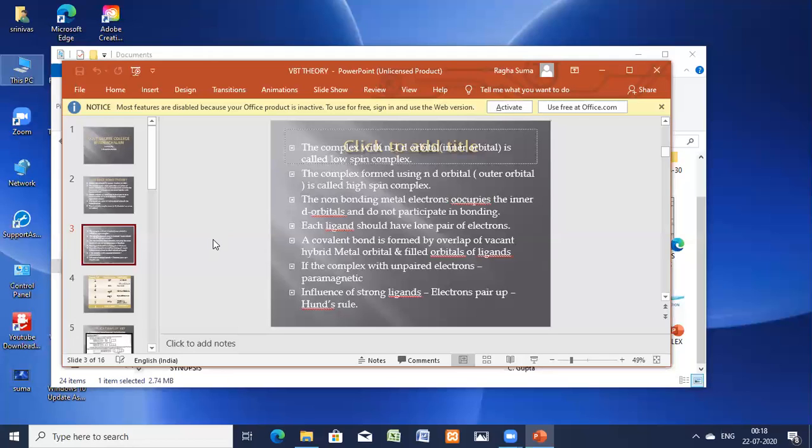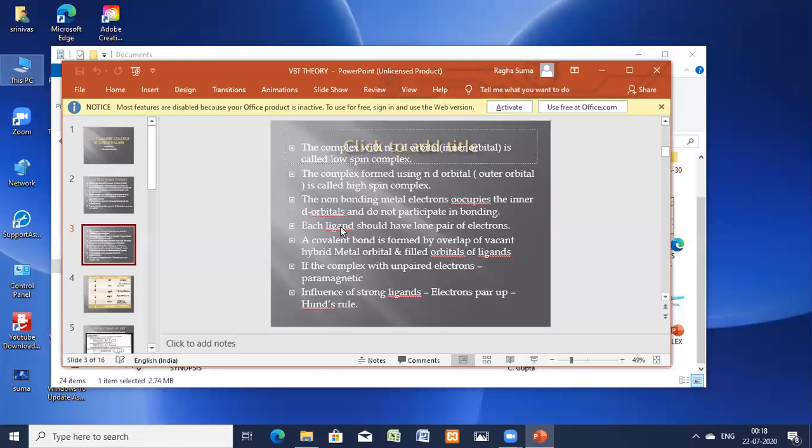In the previous class I explained the metal and the ligand. The ligand will give electrons to the metal, and a coordinate covalent bond is formed here. So the ligand is donating a pair of electrons, the two electrons, to the central metal atom. So each ligand should definitely have a pair of electrons.